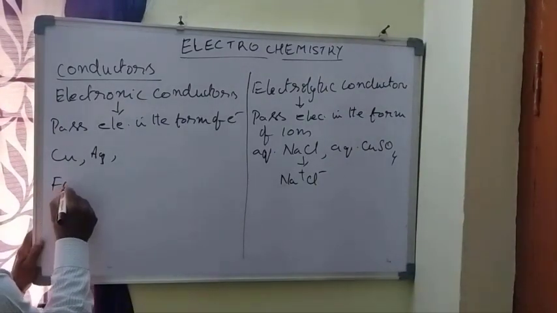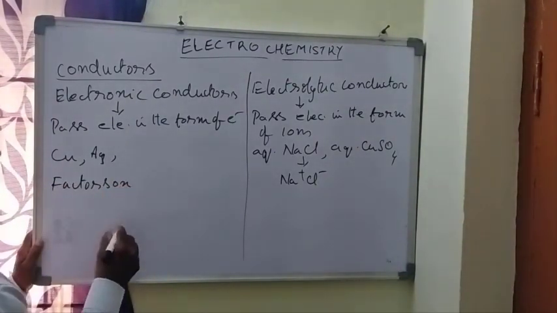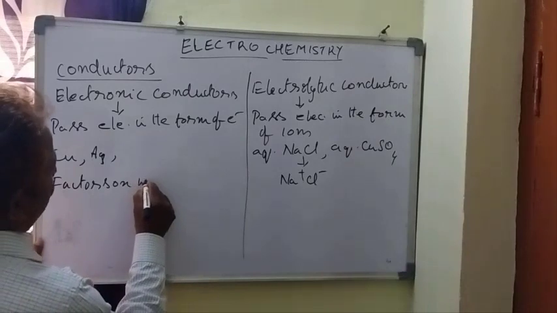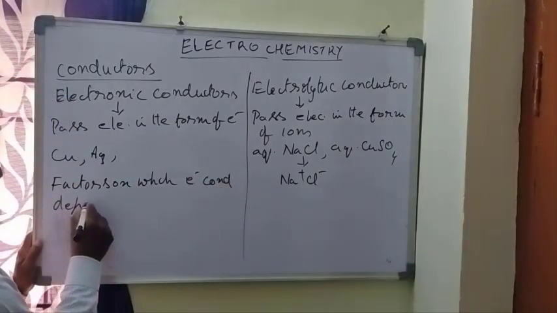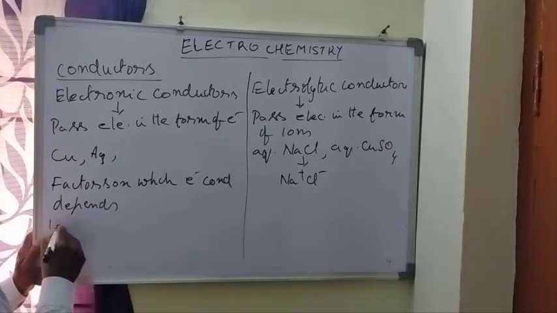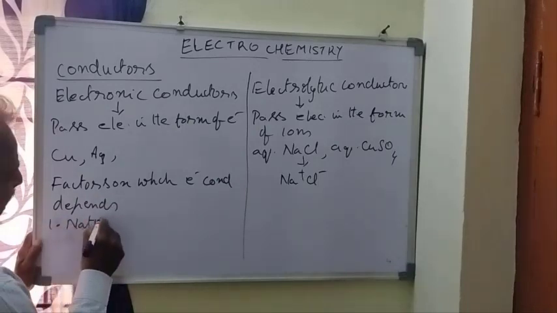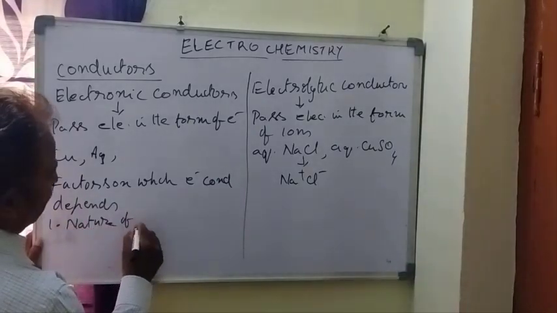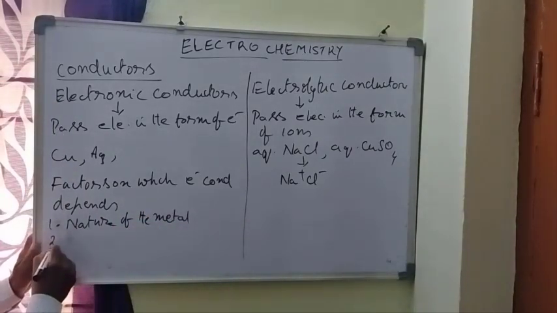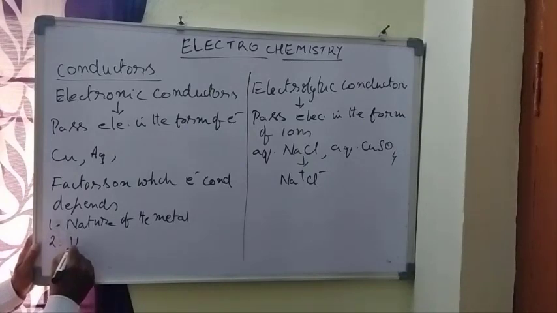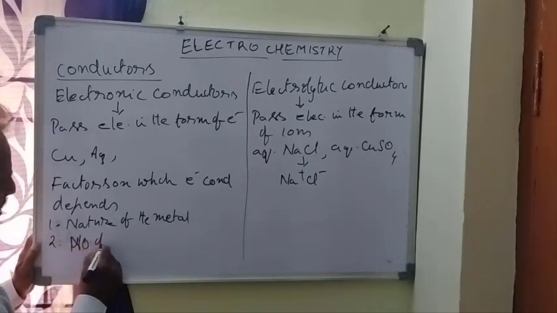Now, factors on which electronic conductance depends. One is nature and structure of the metal. Then the number of valence electrons.